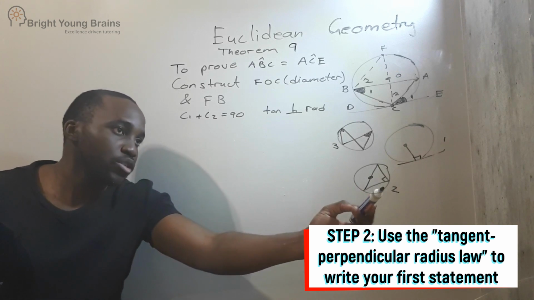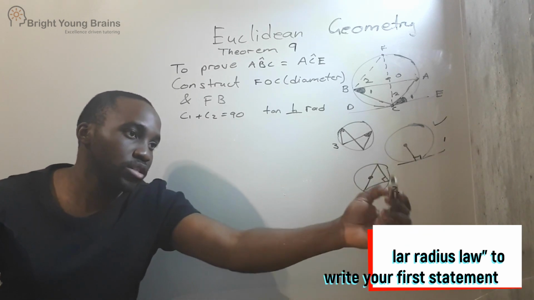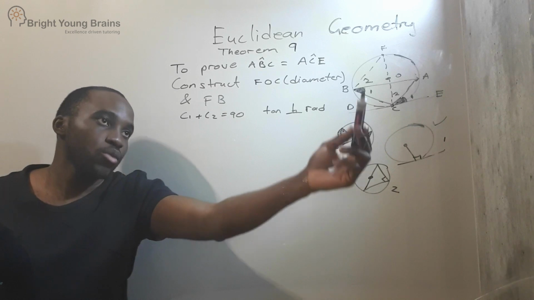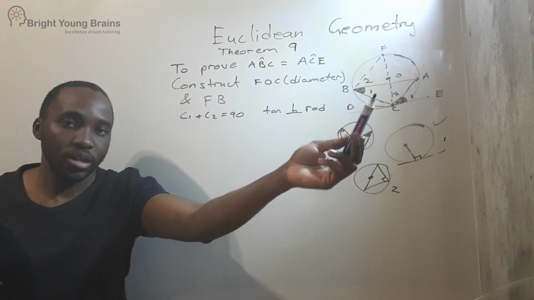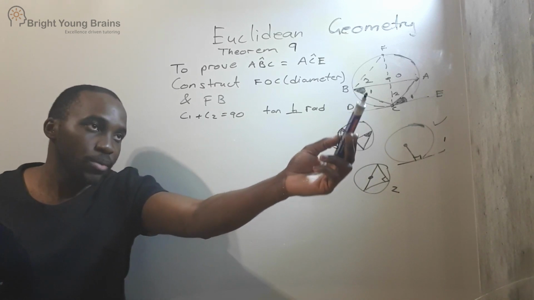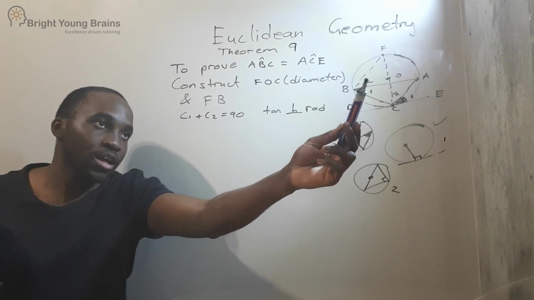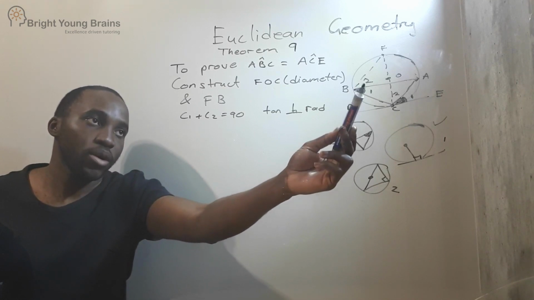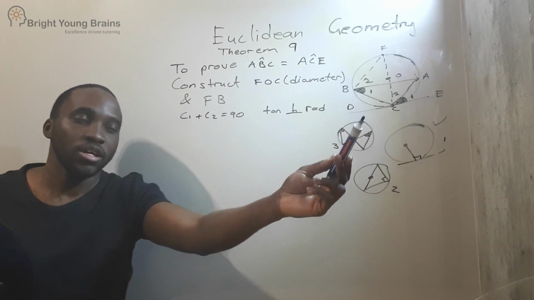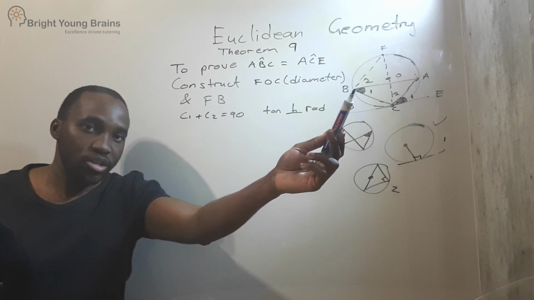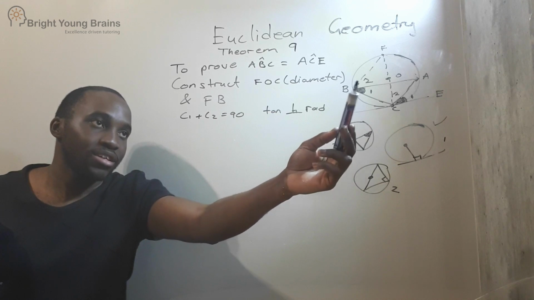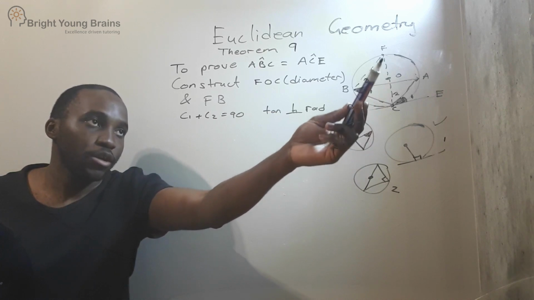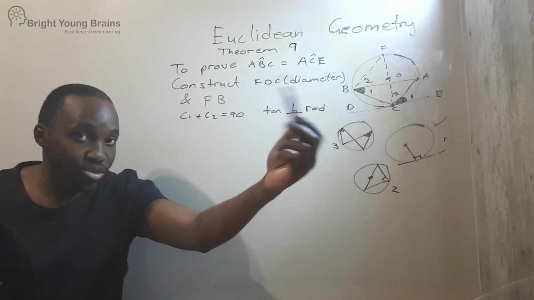The next theorem we need to use is this one. Now using this one, we need to refer to where B1 and B2 is. If you check where B1 and B2 is, you're also going to state that B1 and B2 added together is equal to 90. Your reason for that is that this angle is subtended by the diameter of your circle because of your construction.